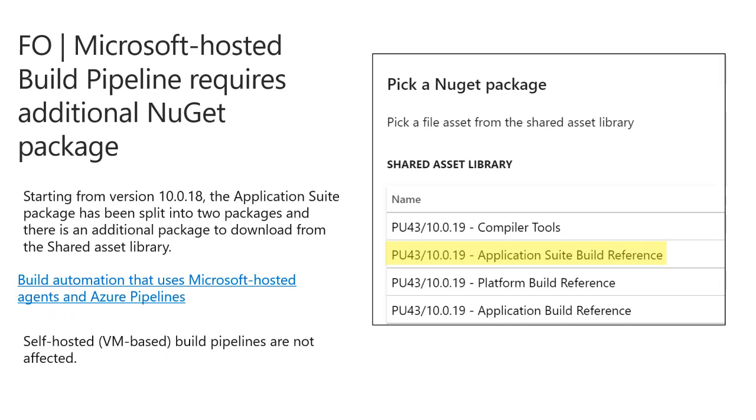Once you download those 4 NuGet packages from the asset library, you would add a reference to the new NuGet package in your packages.config file. From there, update the MSBuild arguments in your build pipeline. So it's a little bit of a change if you're using those hosted build pipelines. Any self-hosted VM-based build pipelines are not affected by this change. Next slide, please.